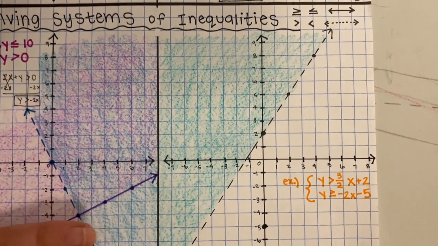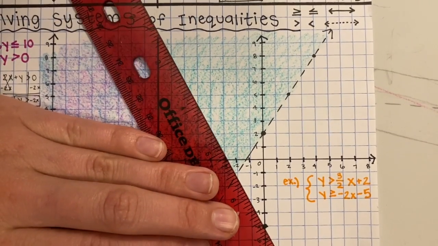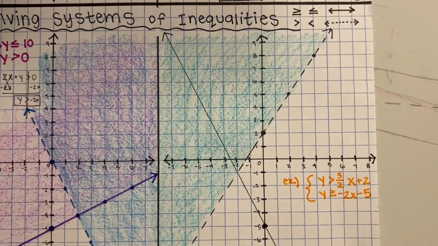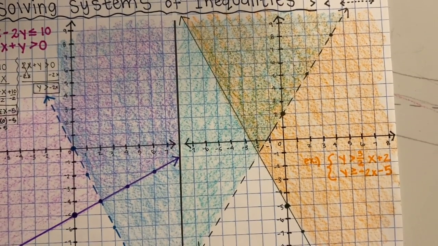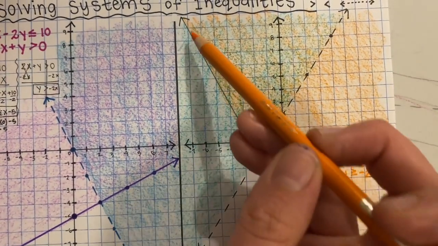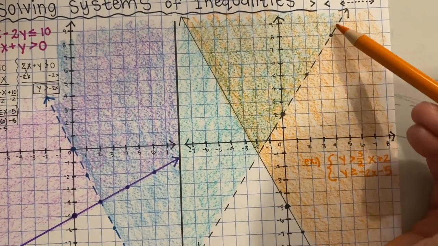It's a greater than or equal to sign, so it's inclusive this time. It's a greater than sign, so I'm going to shade above. I have my solution to the system. So my solution is this double shaded region, including what falls on this solid line, but not including what falls on this dashed line.